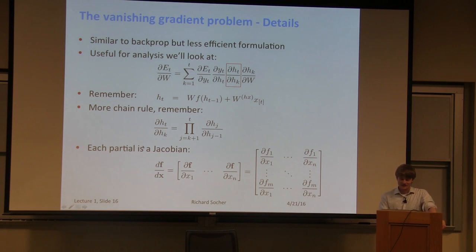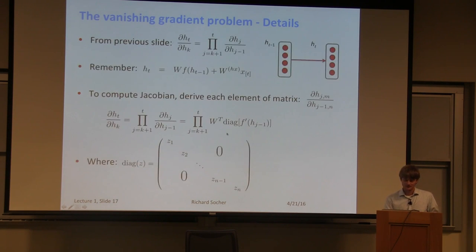Okay, so now let's look at this exact derivative here of h_j with respect to all the h_{j-1}s. Again, this is our definition of h. And so to compute this Jacobian, we'll basically want to look at all the elements of the Jacobian matrix.